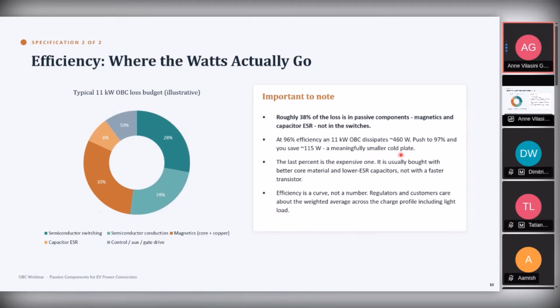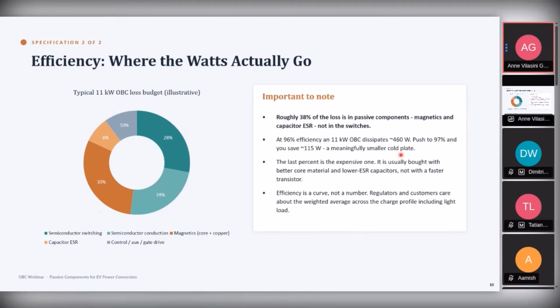So when you want to improve your design and you add just 1% more efficiency, you save around 115 watts. This is a significant saving, which means you can save some cost on the cooling solution for the onboard charger, and also you may save some cost on other components.